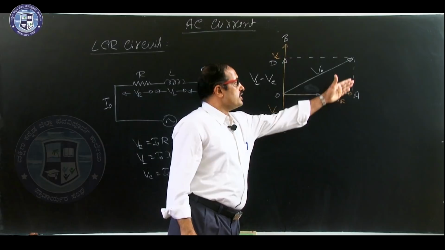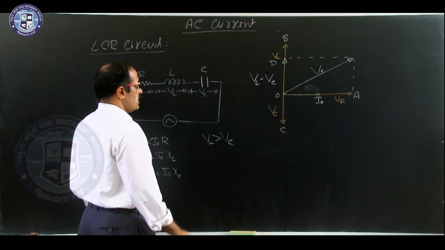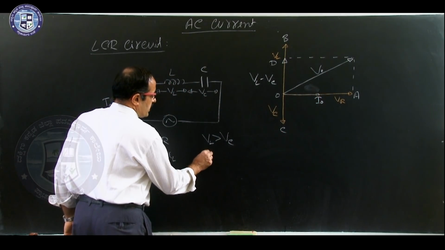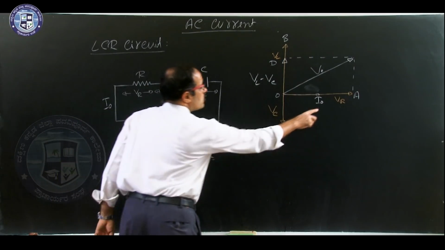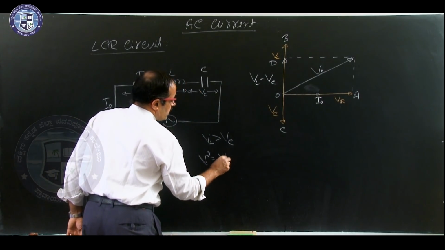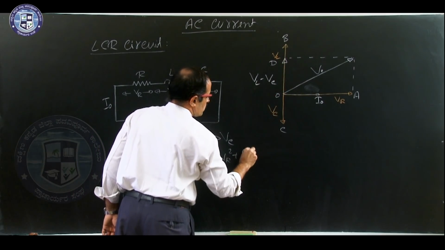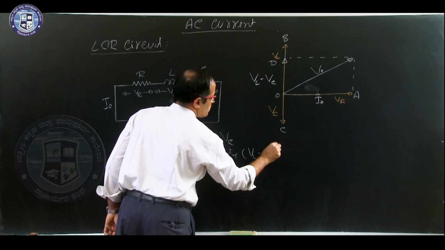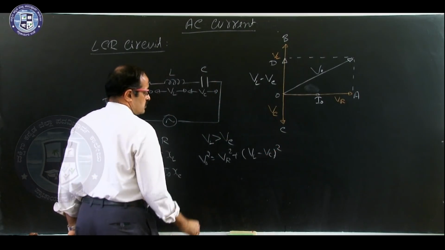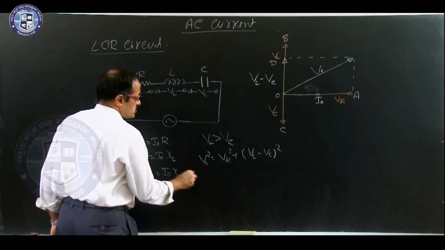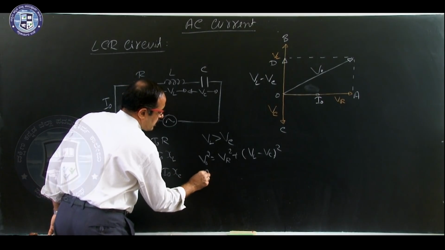Now, if you take this right angle triangle, then we can write V naught square is equal to VR square plus this side, by Pythagoras theorem, VL minus VC whole square.